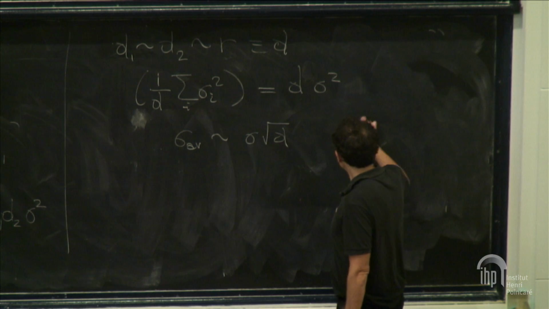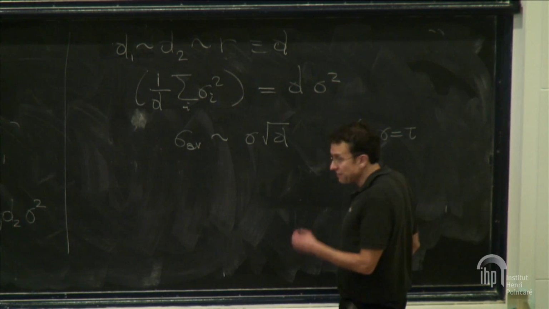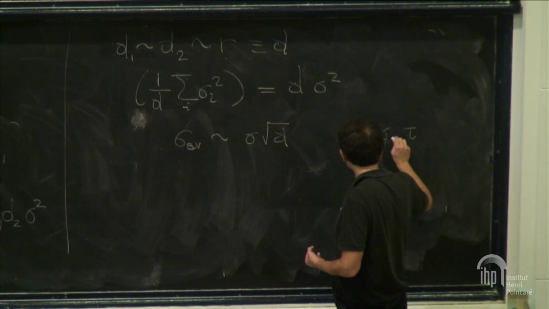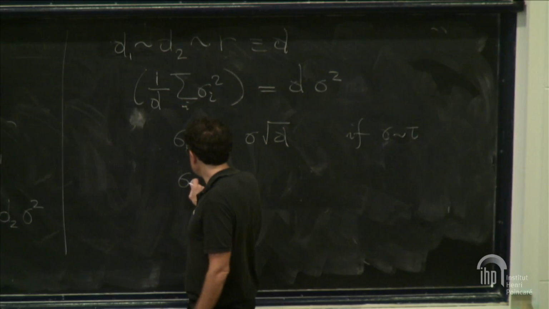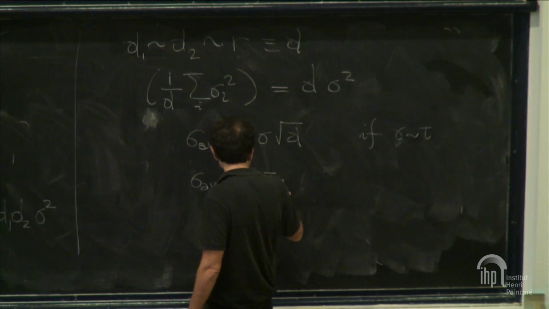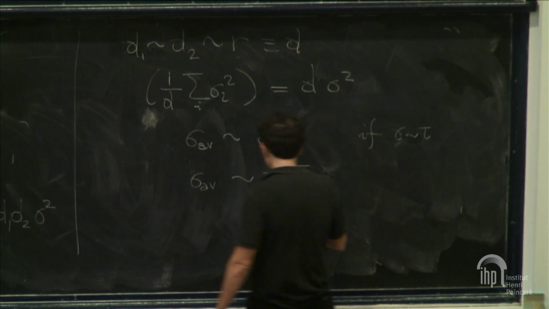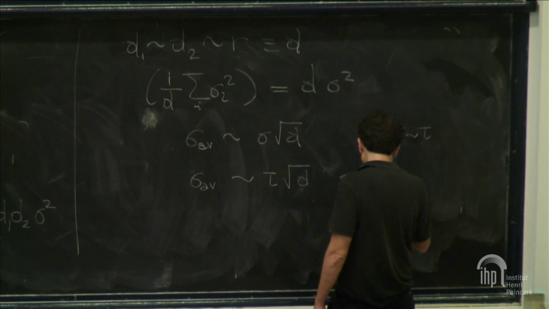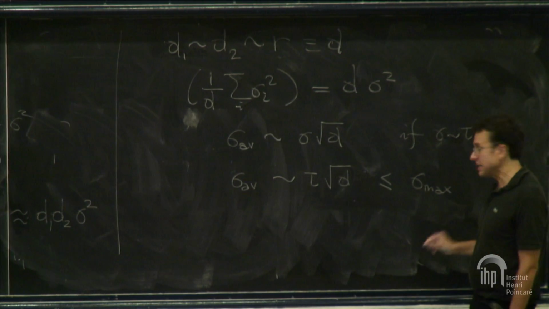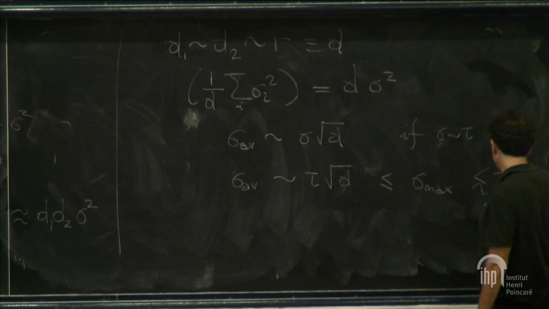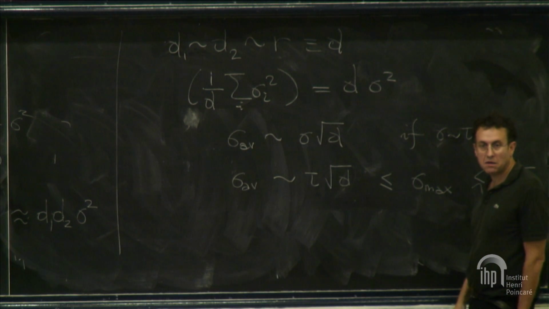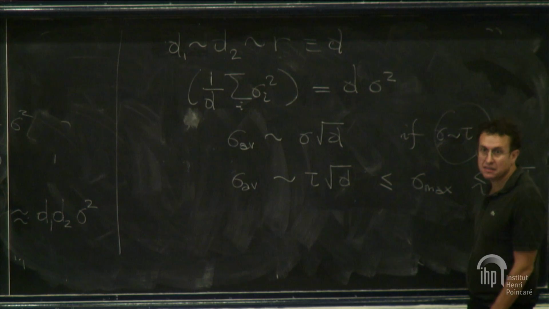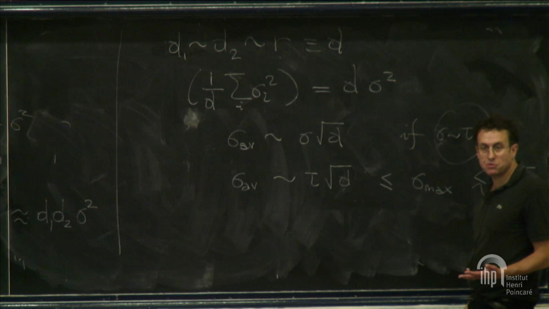So if sigma is equal to tau, so if the variance of the entry is the same as, or of the same order as, the sub-Gaussian parameter, then what you obtain is that the average singular value is of order tau square root of d. And this is, of course, less than the maximum singular value. But on the other hand, we proved that this is less than tau square root of d. So this argument says that our upper bound in this setting is basically optimal up to constant.